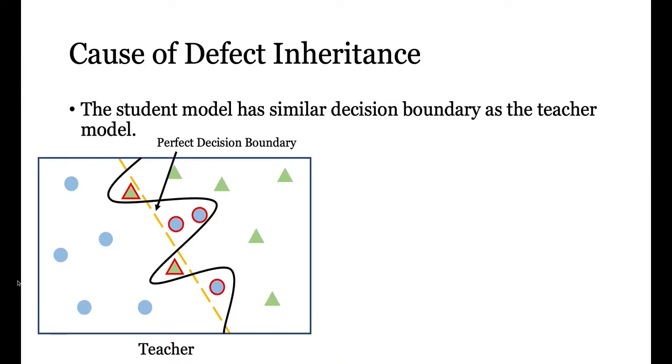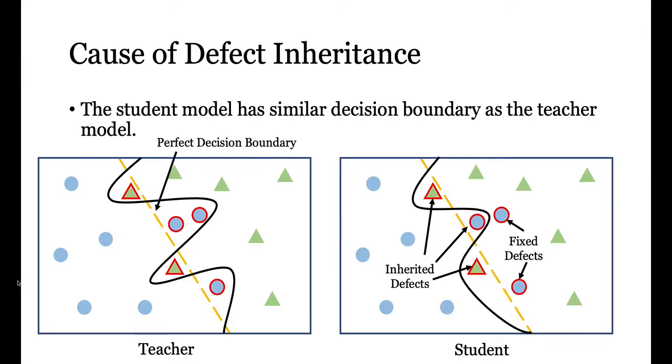The samples in red represent the model defects. As the student model is fine-tuned from the teacher, the decision boundary of the student is only slightly different from the teacher. Although there are some fixed defects, there are plenty of inherited defects that are misclassified by the student.